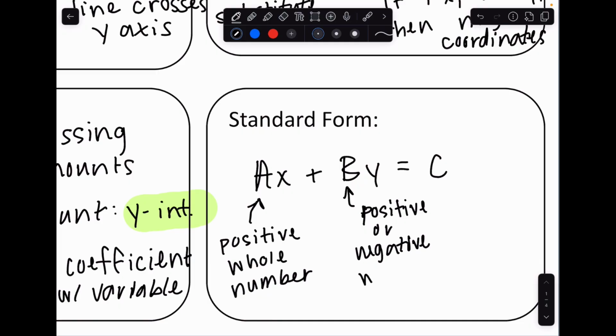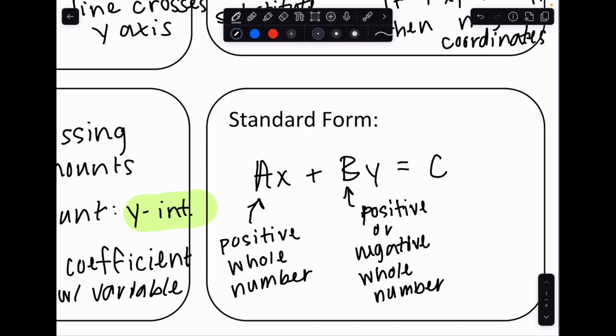Whole number. Okay. So no fractions for a or b. These two are both whole numbers, and our a has to be positive. Okay? But our b can be positive or negative. All right?